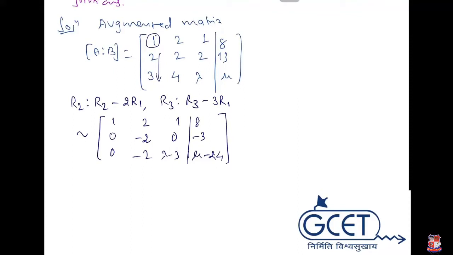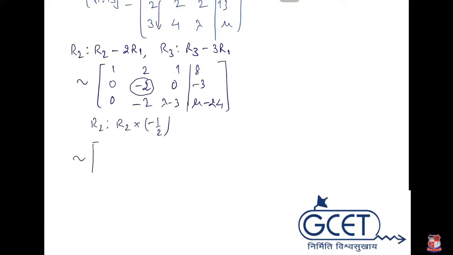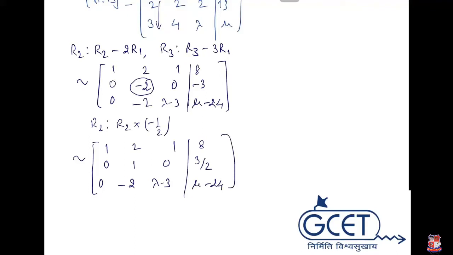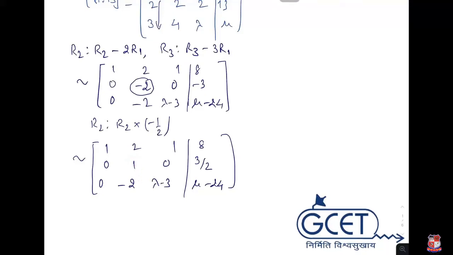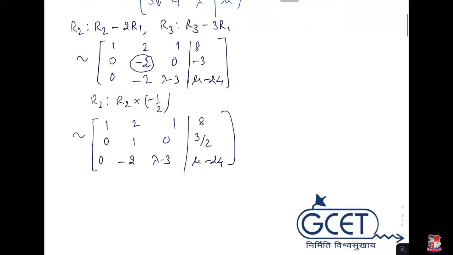Now make this entry to be 1, so let us take R2 into minus 1 by 2, and so this is 1 2 1 8, this is 0 1 0, 3 by 2, 0 minus 2, lambda minus 3, mu minus 24. Now by using this one, let us make this entry to be 0.